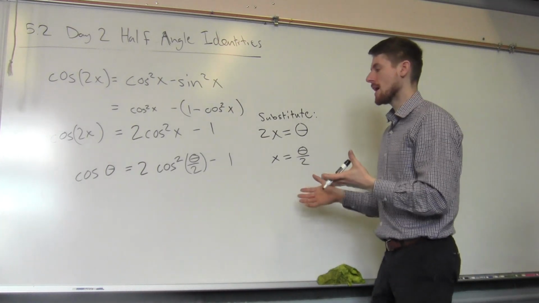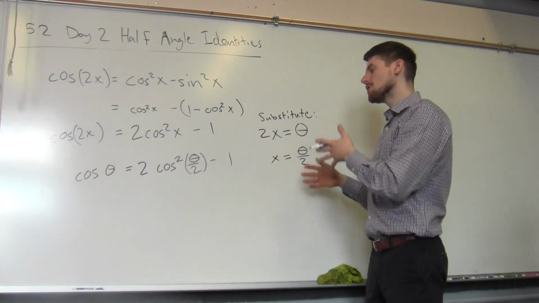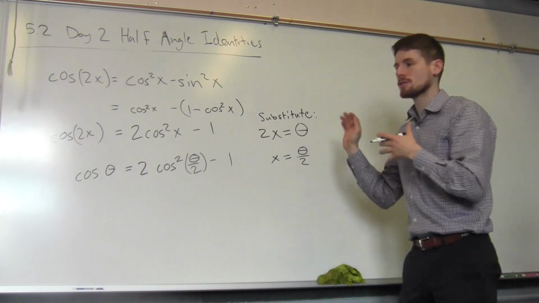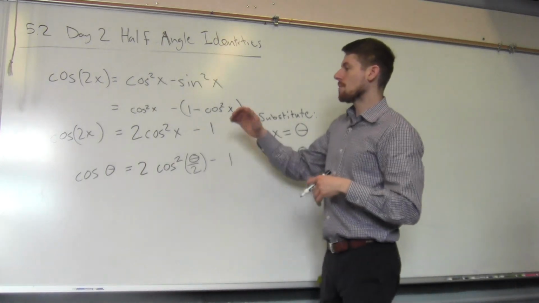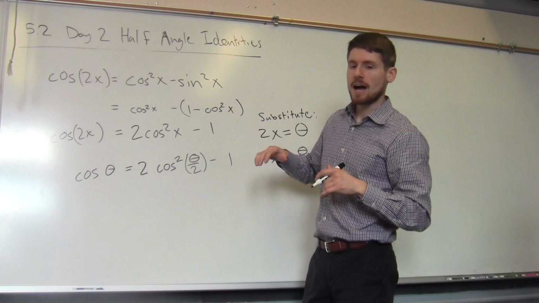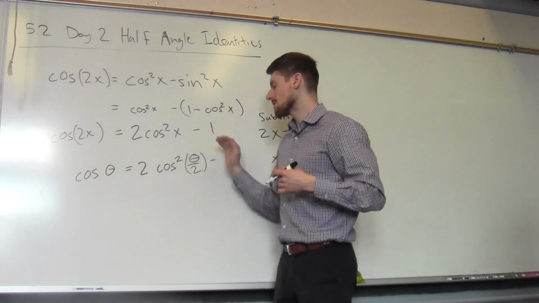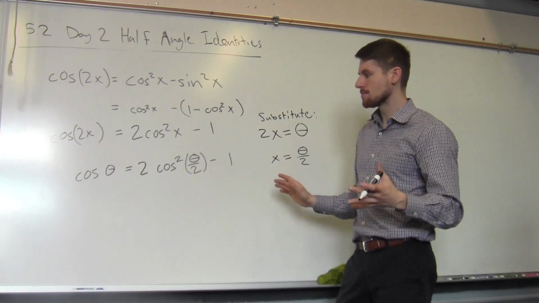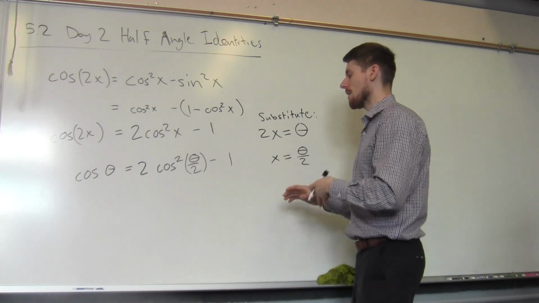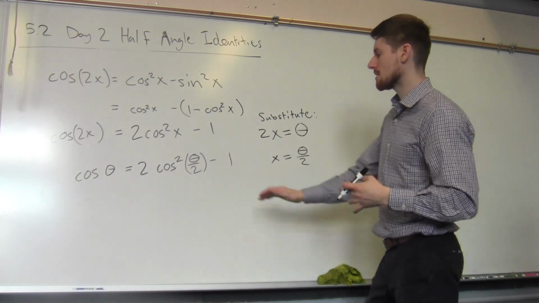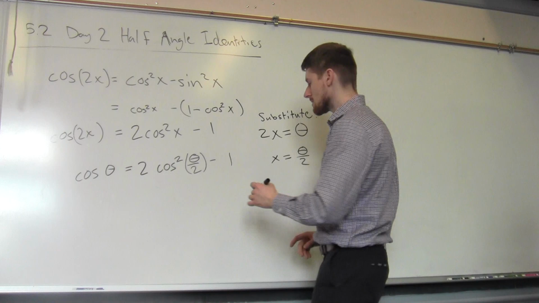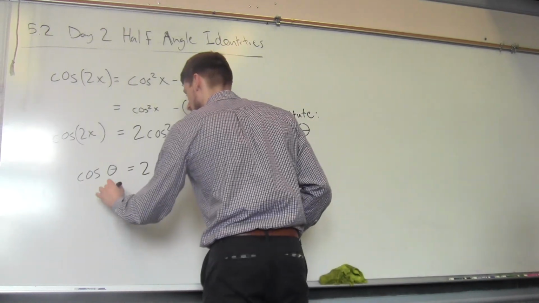Okay, so now we have cosine theta equals 2 cosine squared theta over 2 minus 1. And if I look, I want my answer to be in terms of the half angle. So I want to get cosine of theta over 2 by itself and see what we get. Well, all right, so let's start undoing things to this cosine. We add 1 to both sides, plus 1, plus 1.